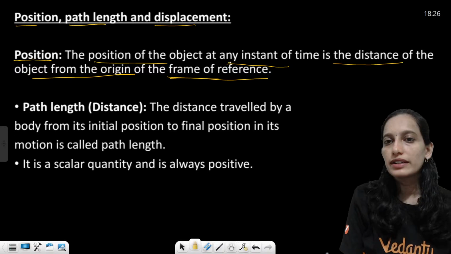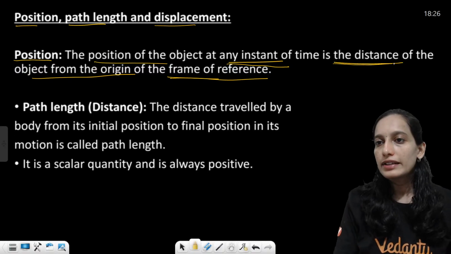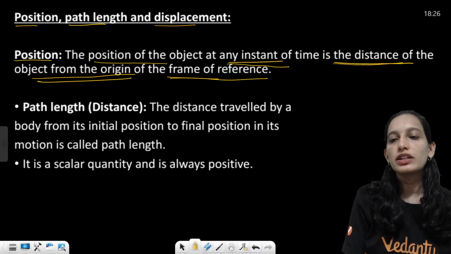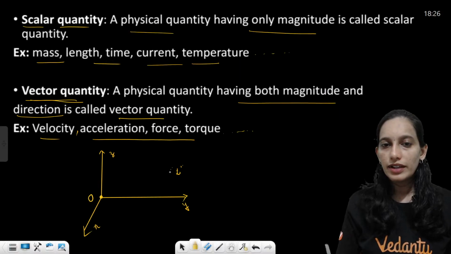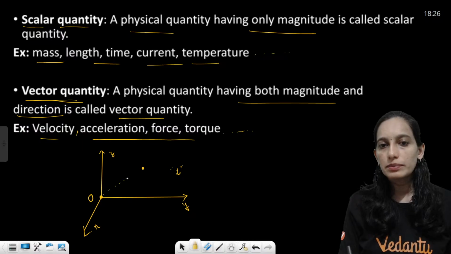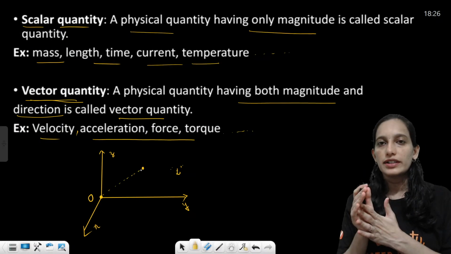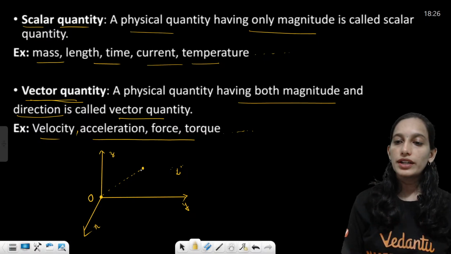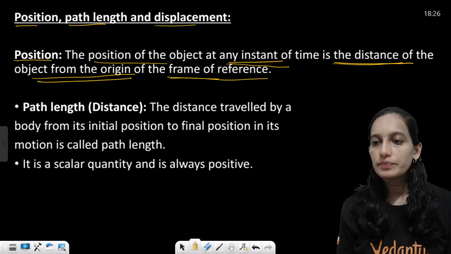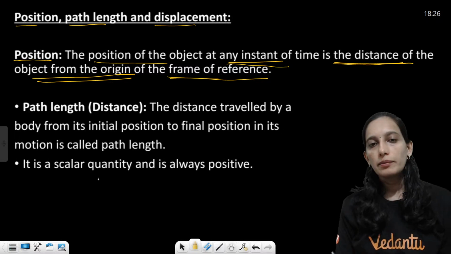Position of the object at any instant of time is the distance of the object from the origin. For example, if the particle is here, its distance from the origin, some x, y, z coordinate, gives us the position of the particle.